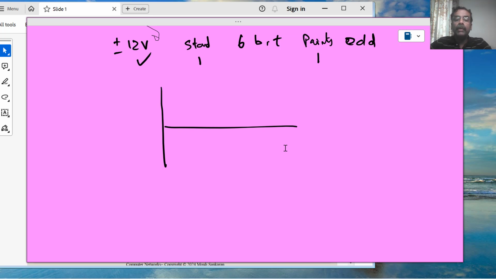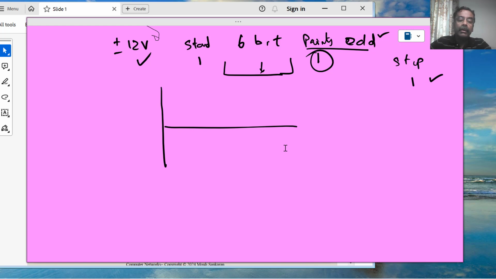Now I have to give you one more thing, right? What is the data I am interested in sending? Because that you cannot generate. You can say odd parity, and then the stop bit I have to say 1 bit, because parity, if it is there, is always 1 bit. I am choosing odd parity, and the stop bit is 1 or 2, but I have decided to have a 1.